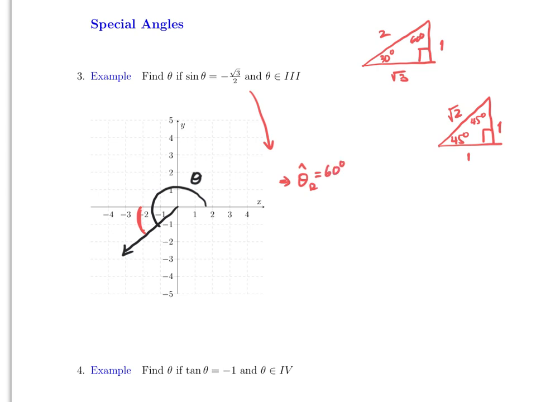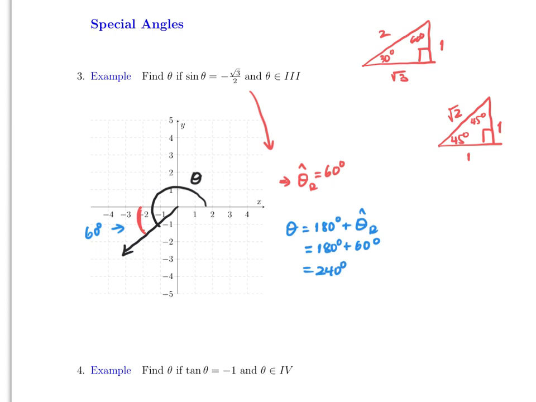So therefore, this is 60. Since you are in the third quadrant, remember theta is equal to 180 plus the reference angle, which in this case will be 180 plus 60 degrees, which will be 240 degrees.